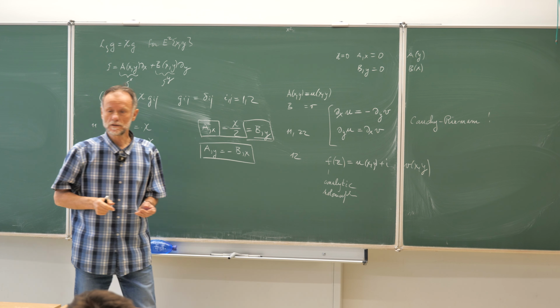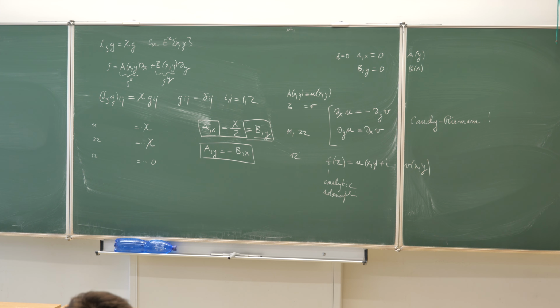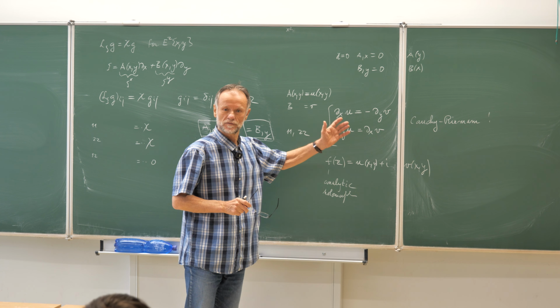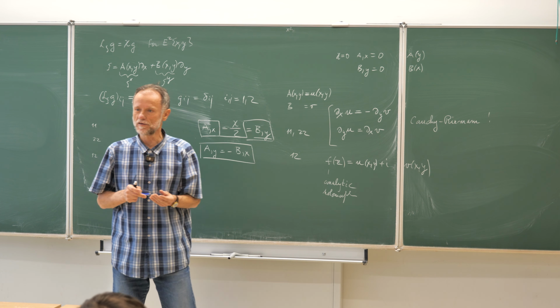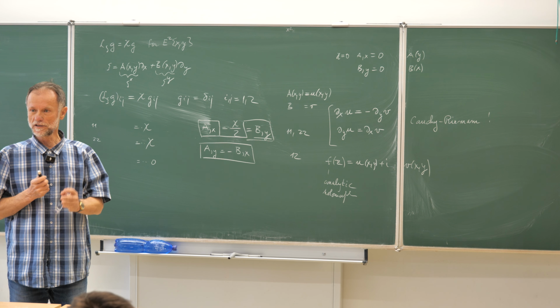And what is important is how many holomorphic functions there are, how many solutions of this equation. For each holomorphic function, you have this pair of two real functions obeying the Cauchy-Riemann equations. And there is an infinite number.